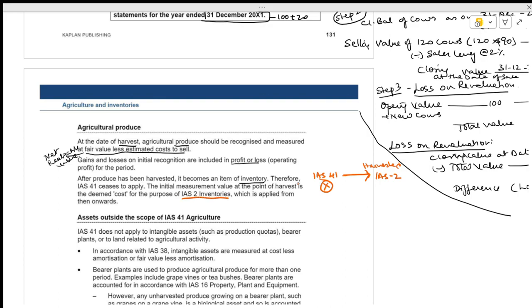The initial measurement value at the point of harvest is going to be the cost, and for the purpose of IAS 2, this will be implied. Again, this transformation from IAS 41 to IAS 2 is a point which you should understand. Very important.